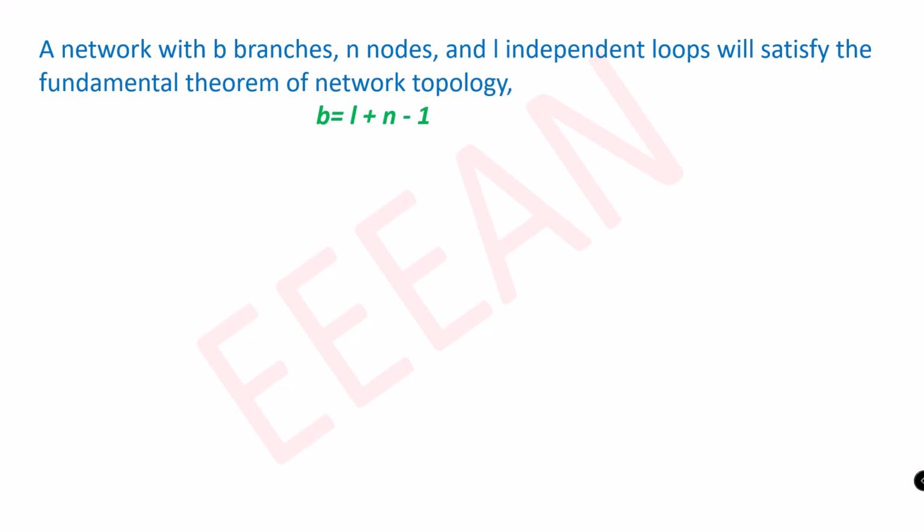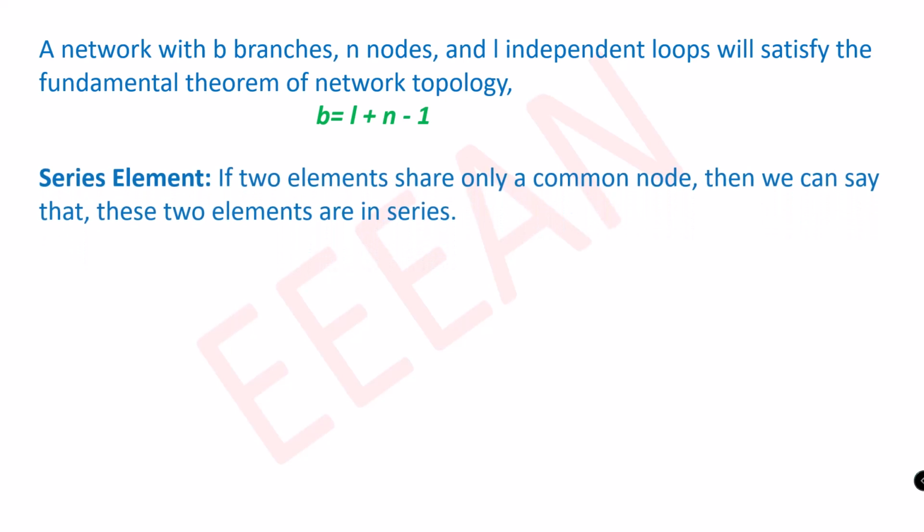And let us see series elements. What is a series element? If two elements share only a common node, then we can say that these two elements are in series. Let us see this circuit. The resistance and the inductor have a common connection point.